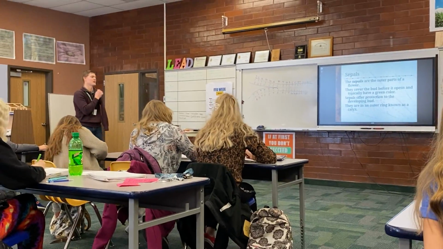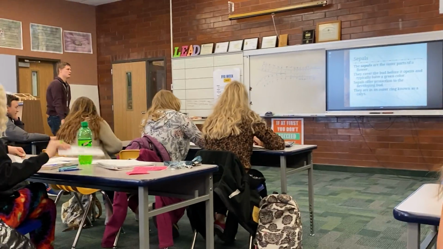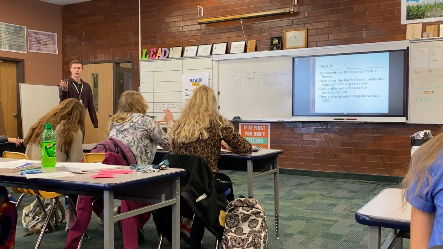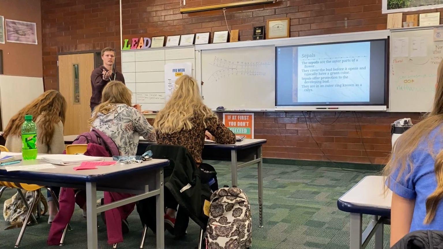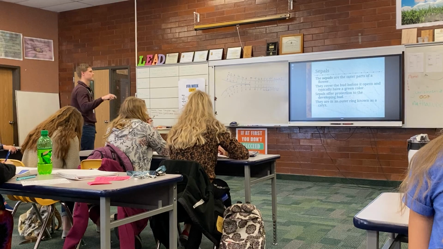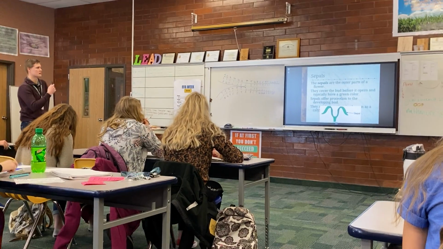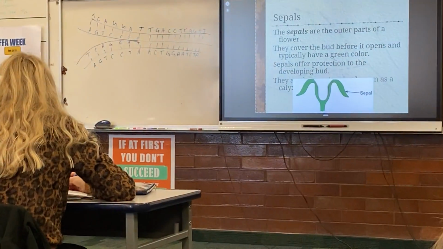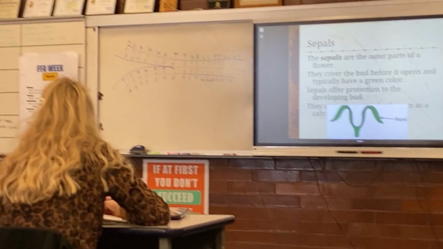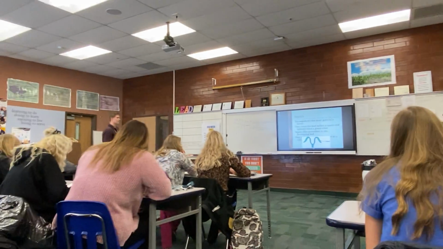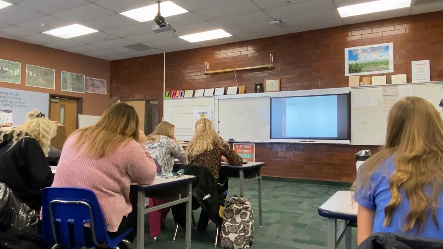So the outer ring of the flower is the sepal, the calyx, and that's part of that system. Okay? This is kind of what they look like. When you're looking on your paper, it has that little U-shaped deal. That's what goes around the flower.